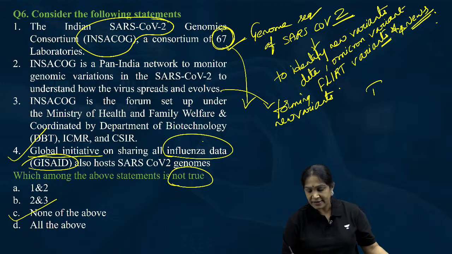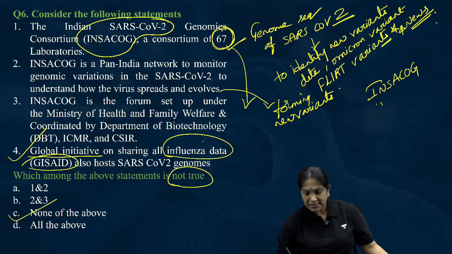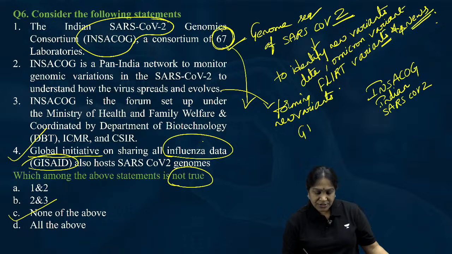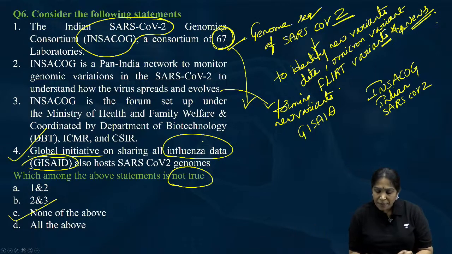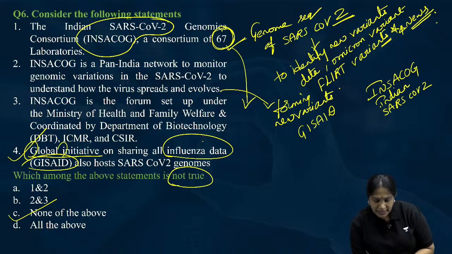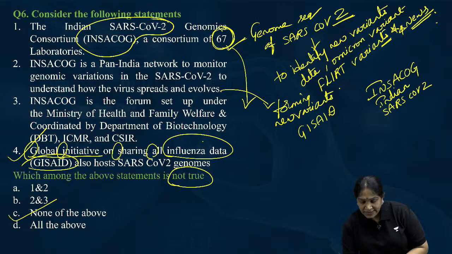Okay, I'll write it here separately. INSACOG is Indian plus related to SARS-CoV-2. GISAID means global initiative for sharing all influenza data.